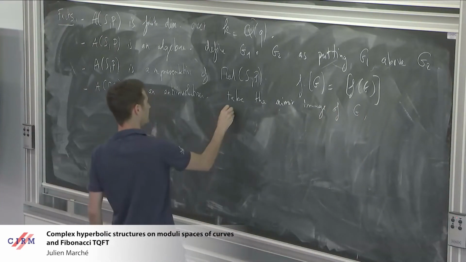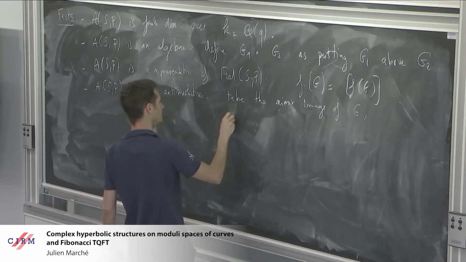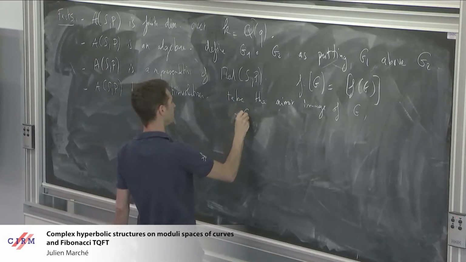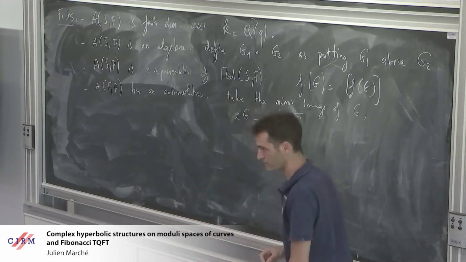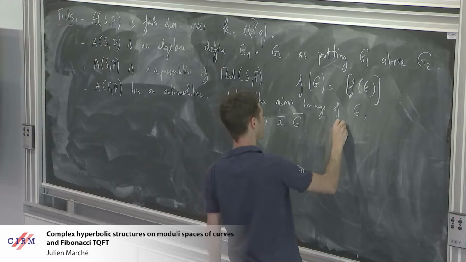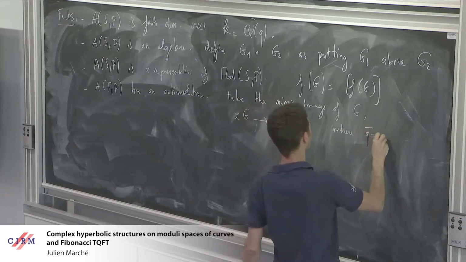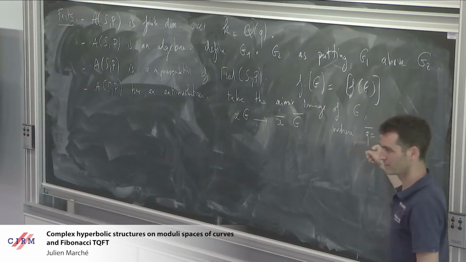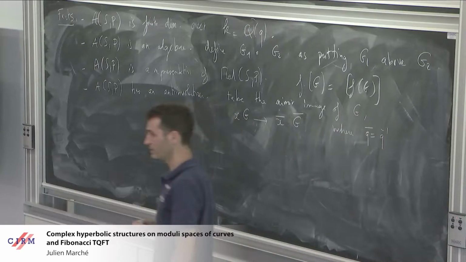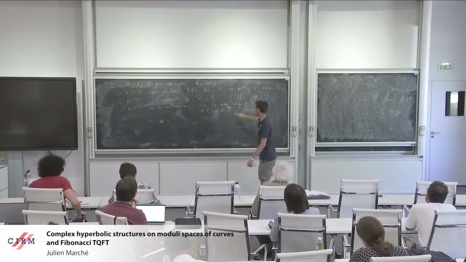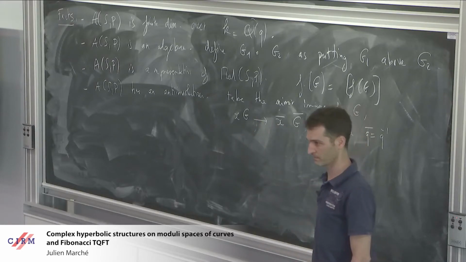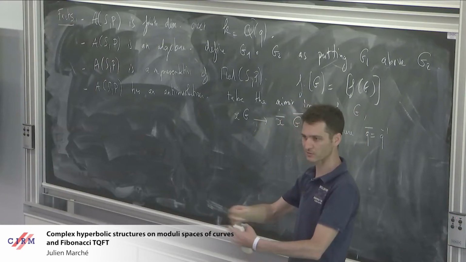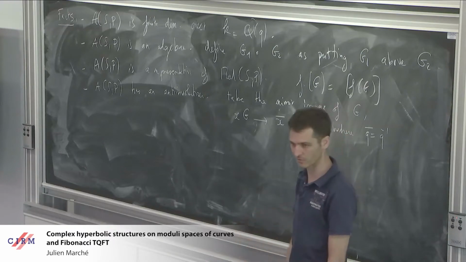And so it sends X times G to X bar times G bar. So what is X bar? Where q bar is q inverse, so maybe you know that this defines an involution of the cyclotomic field. And G bar is just the mirror image of G, just change all the crossings. And it's easy to check that this respects the product.